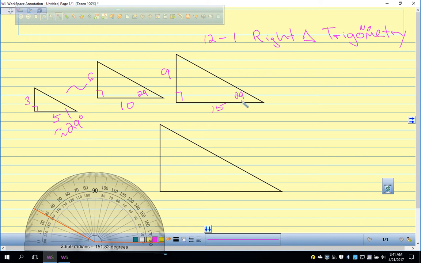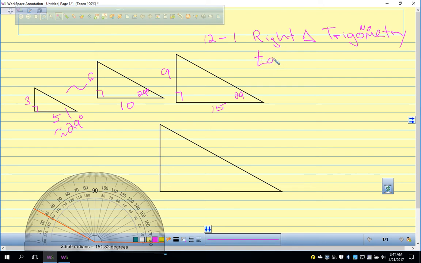So what people did a long time ago, they said, well, any triangle that is similar to this triangle is always going to have an angle there of approximately 29 degrees. I think I measured it wrong, but it turns out that they call that the tangent ratio.